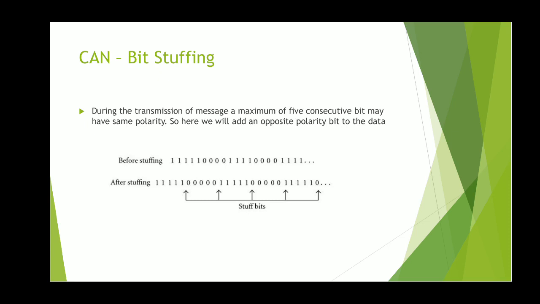In order to maintain enough transitions from low voltage to high voltage and high voltage to low voltage, we use bit stuffing.